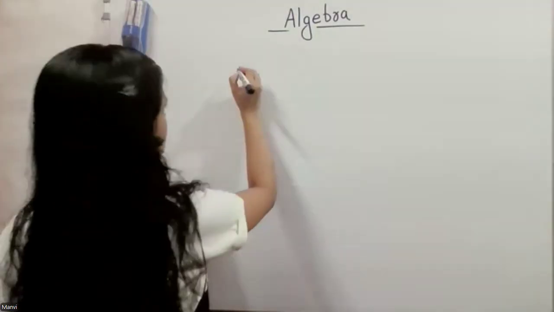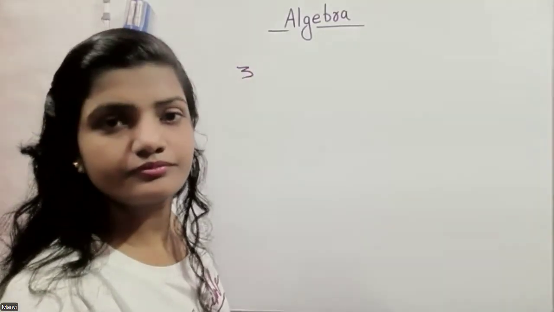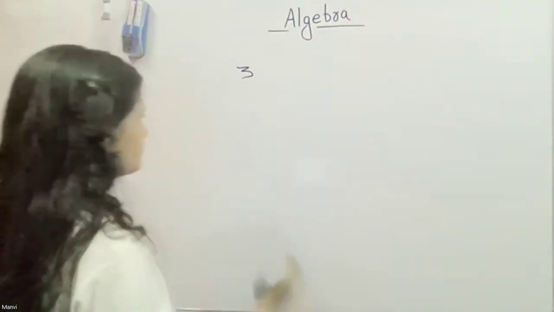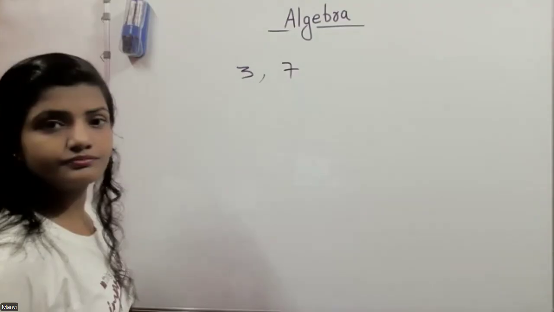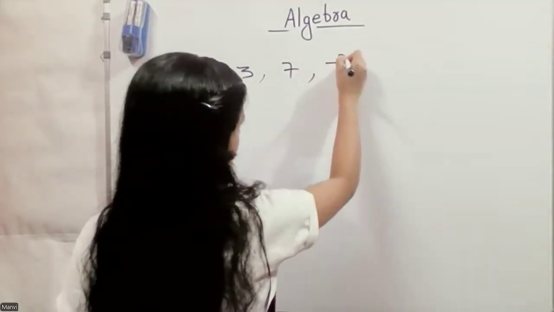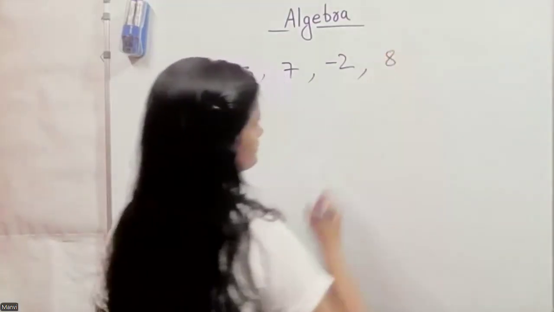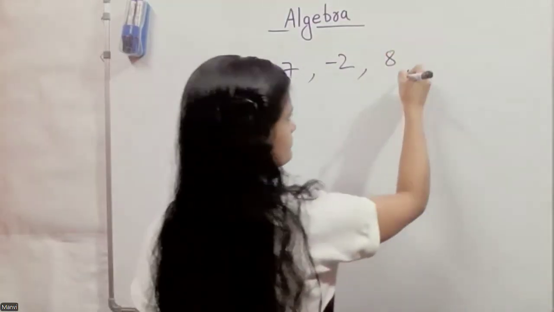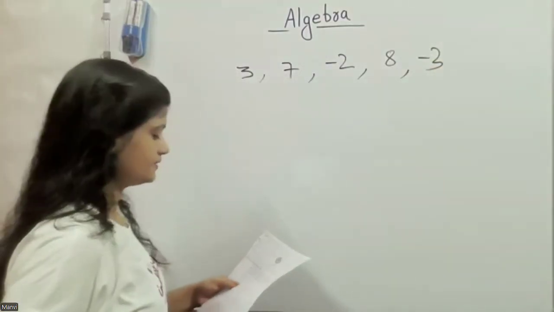So tell me, what about this 3? A positive number. This 7, it's a positive number. This, it's a negative number. This, it's a positive number. This, a negative. Good.